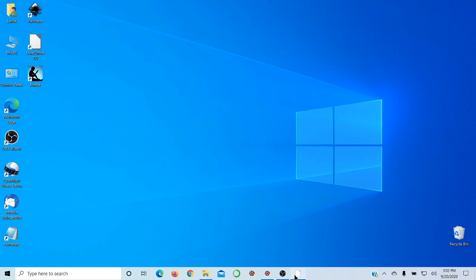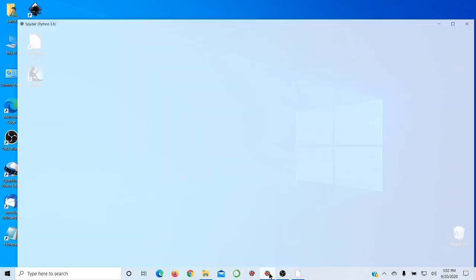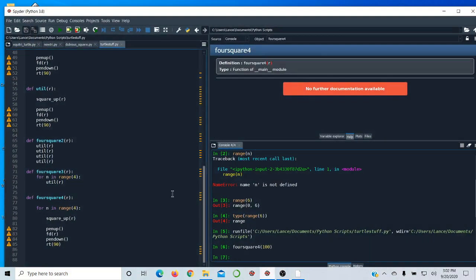But it's not necessary to have the intermediate utility function. We can just repeat a block.